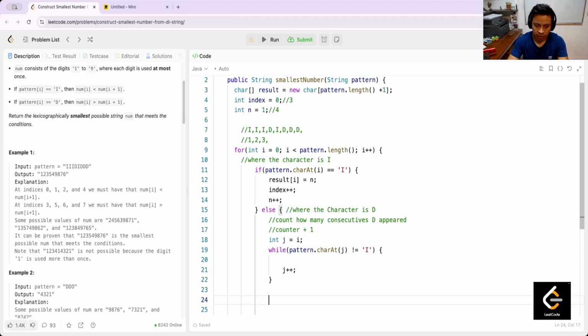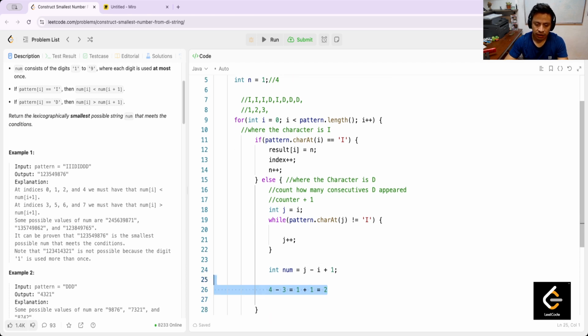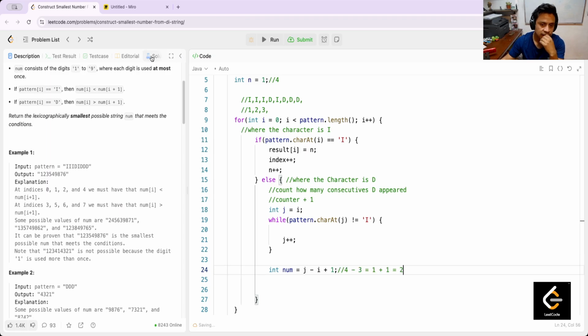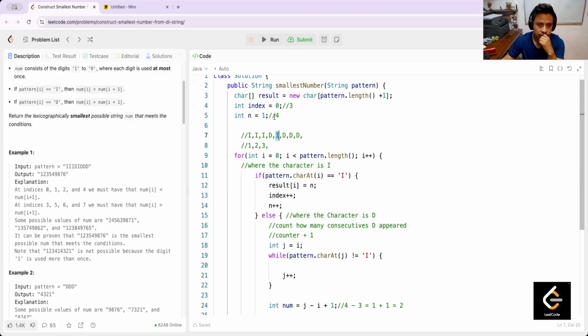Okay, now here num it's equal j less I plus 1. With this, I will get this length. It means that this, for example, currently the number is 4.